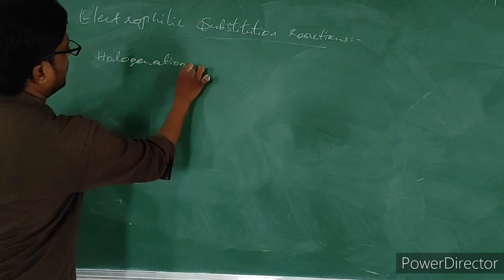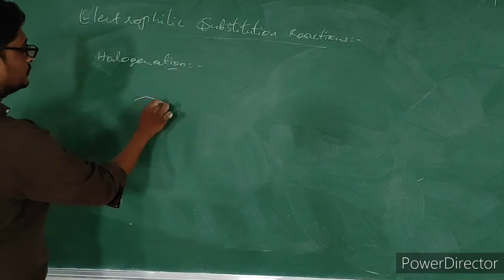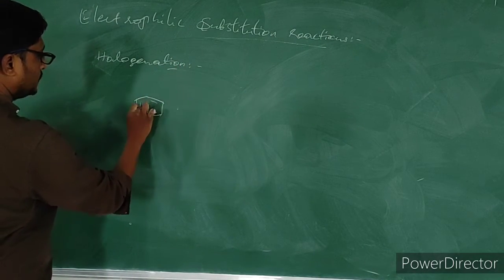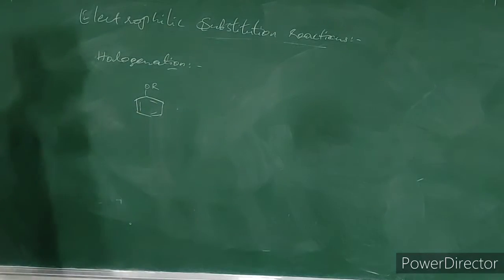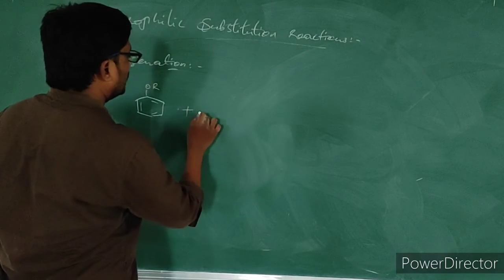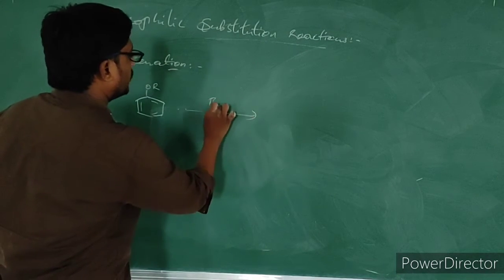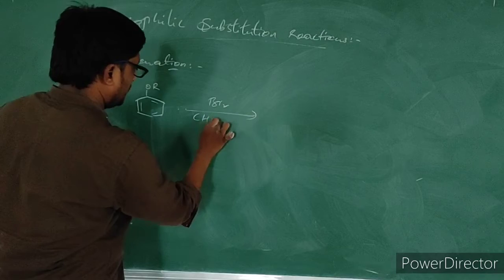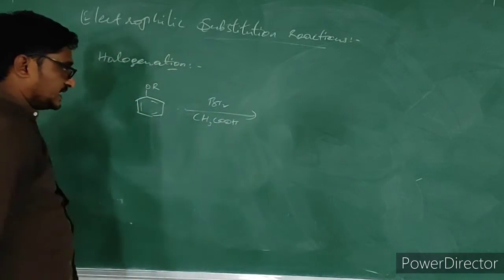We can consider bromination. This is the ether I am taking. R represents the alkyl group. This reacts with bromine in the presence of acetic acid.